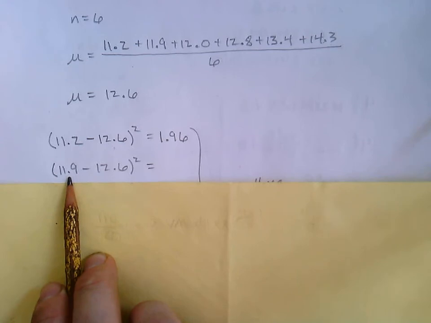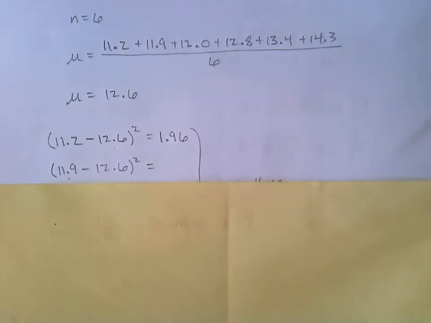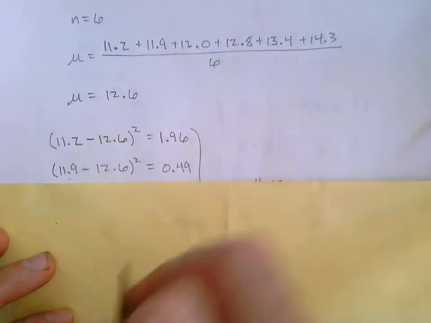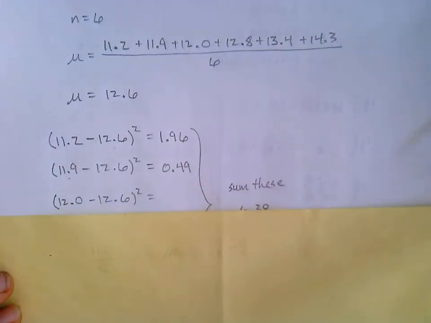So now it's 11.9, so I plug that in. 11.9 minus 12.6, and I square that. And I got, for this one, 0.49. And we're just going to keep going until we've done them all.